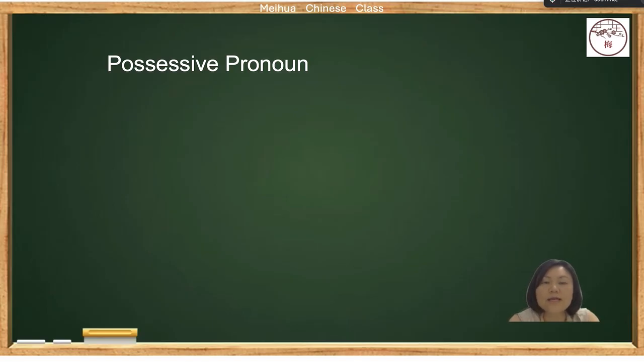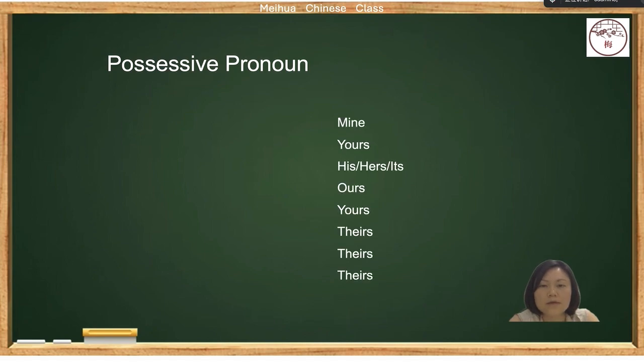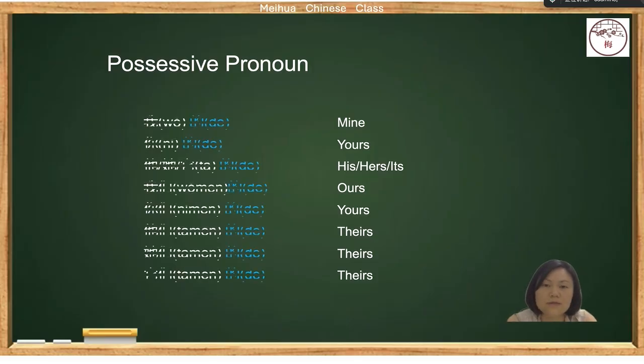Actually, it's the same as the first type. This is possessive pronoun, right? The syntactic function is like a noun. You can use this as the subject or as the object in a sentence.